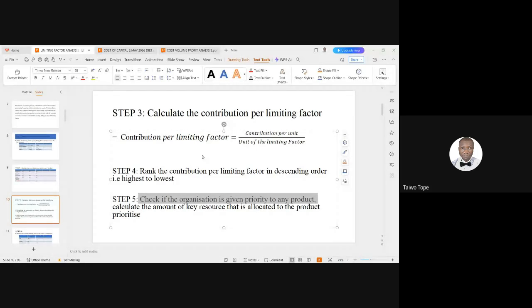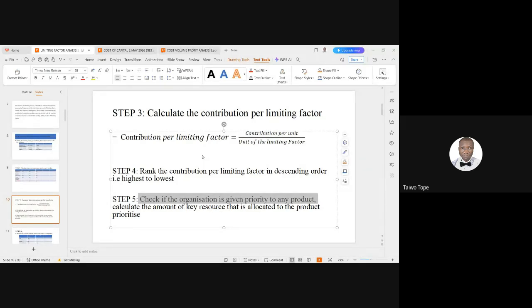So when solving limiting factor questions, you must check, do we have any statement that states that there is a special customer or there is a special order? That special order, that special customer, you need to satisfy them first before considering your normal production. So even if there is limitation in the resources, you must meet up with the need of your special customer.